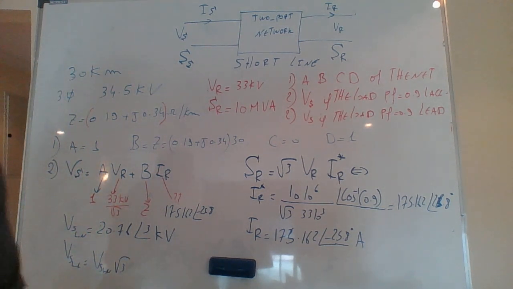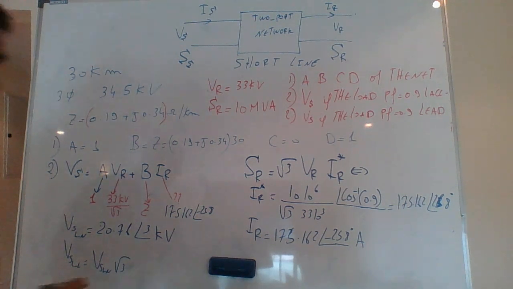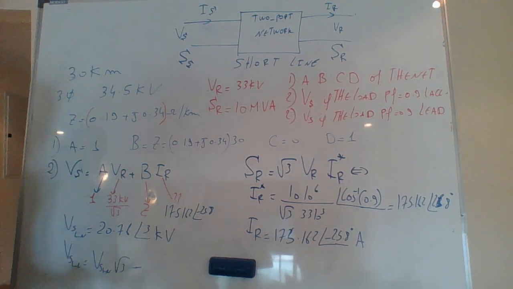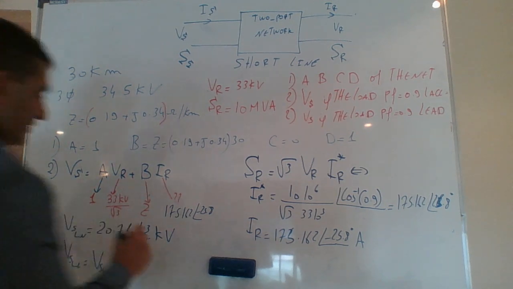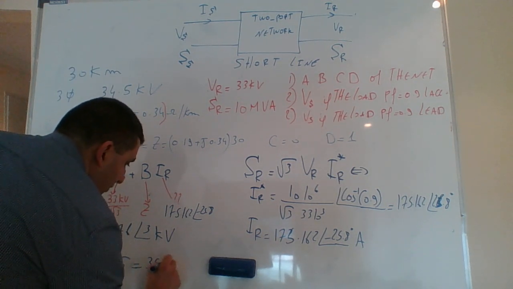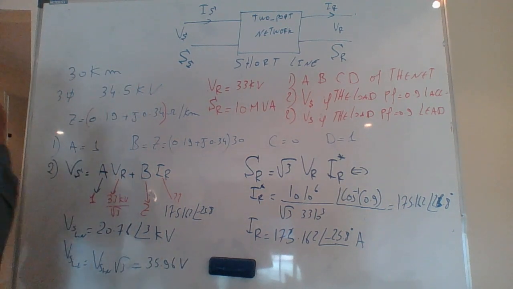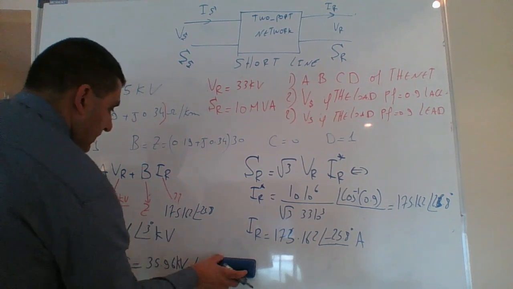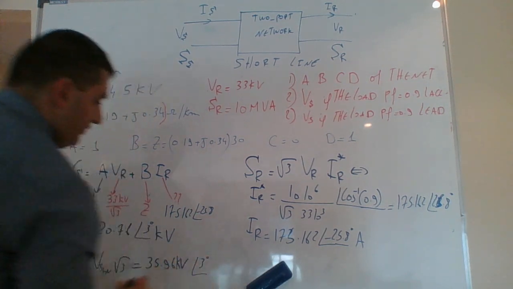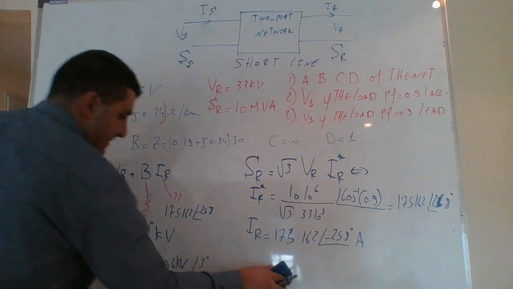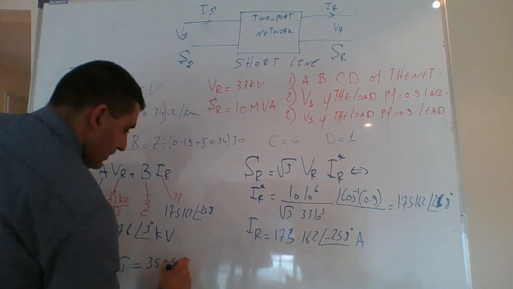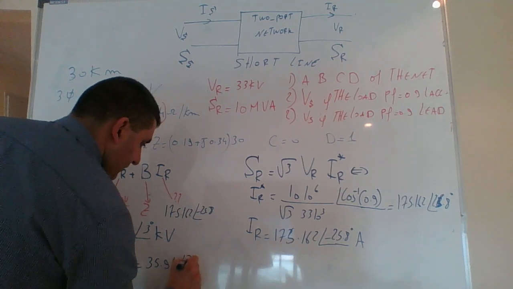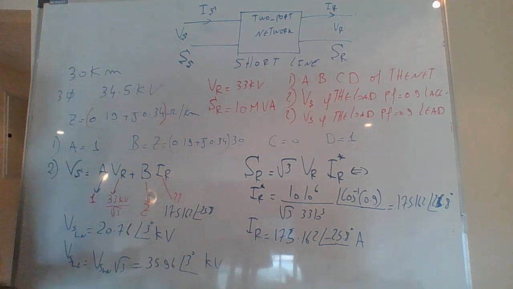I multiply it by root 3, and the answer will be 35.96 kilovolt, and the angle will be the same, the angle of 3 degrees. Angle of 3 degrees kilovolt.